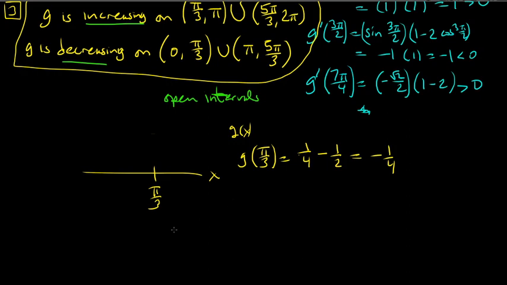So yeah, down here. So this is the point: x is pi over 3, y is negative 1/4. Right. So what's happening at pi over 3? Is it increasing? Is it decreasing? Right. There's no way to tell. If you just have a point, a random point, there's no way to tell whether it's increasing or decreasing, right?